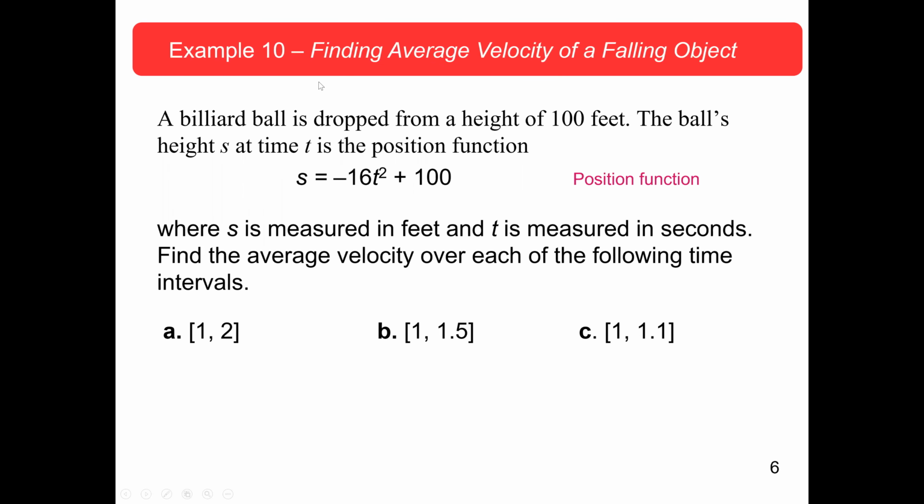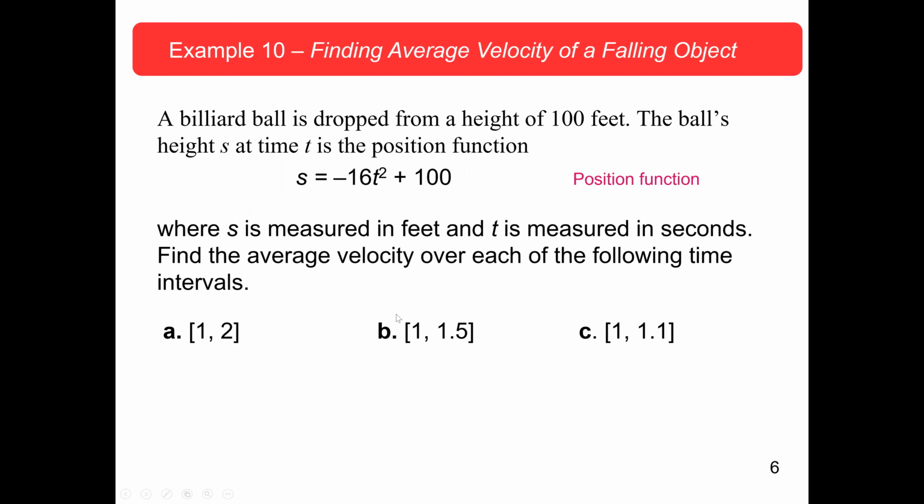Now we have a question here: find the average velocity of a falling object. A billiard ball is dropped from a height of 100 feet. The ball's height s at time t is given by the position function s equals negative 16t squared plus 100, where s is measured in feet and t is measured in seconds.